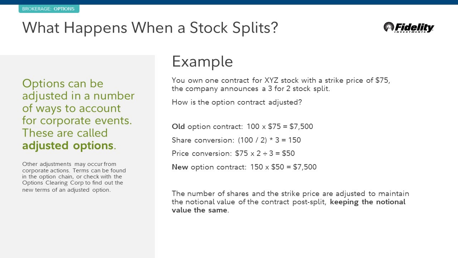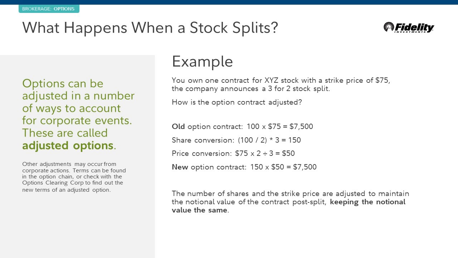And with this split, there are adjustments that will happen. As opposed to that particular contract covering 100 shares, it's actually going to cover 150, because it went from a 3-for-2. What was 100 shares, for every 2 shares are now 3, so it's now 150 shares. So you see that new share conversion: this contract was covering 150 shares versus that standard 100 shares. Price, of course, is also adjusted.